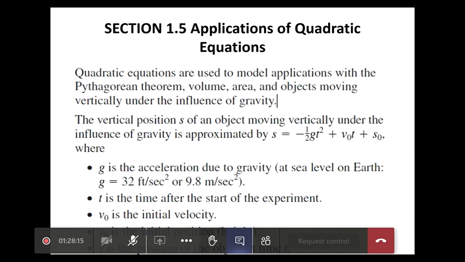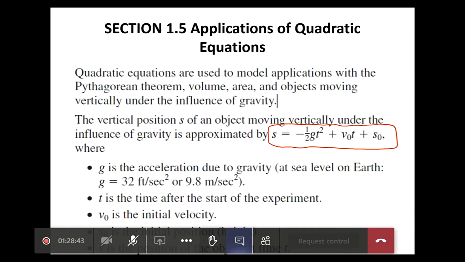Now we have a famous formula for the distance between the object and the ground, when an object falls down, or we can throw the object in the air from the ground, and so on. So we have the famous quadratic equation, this one.